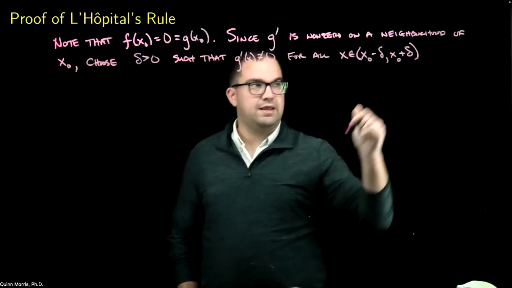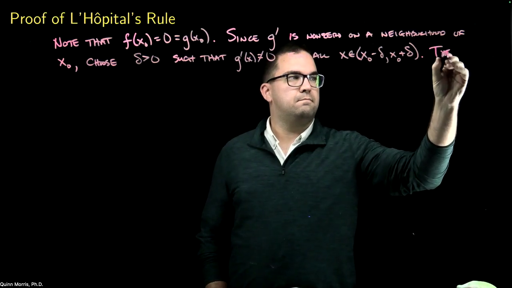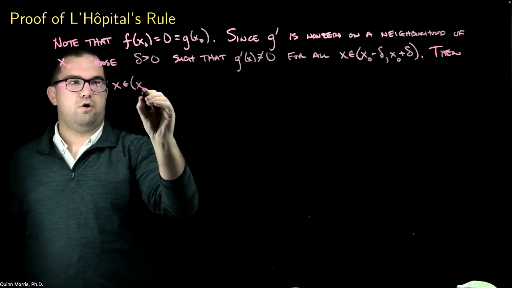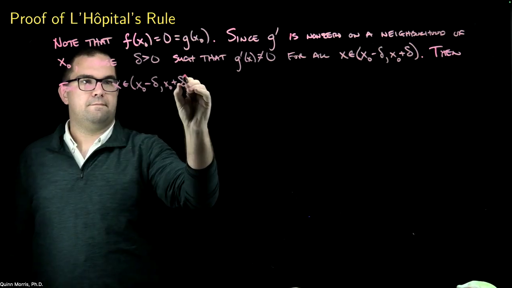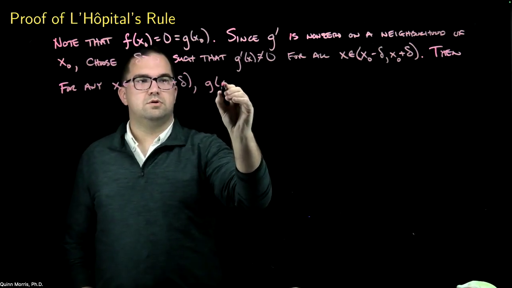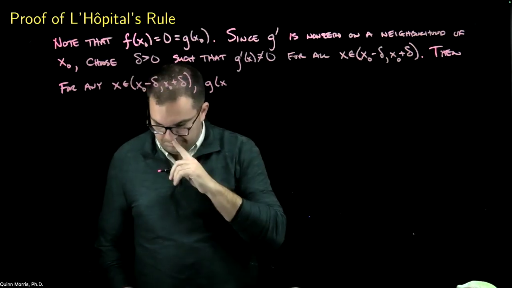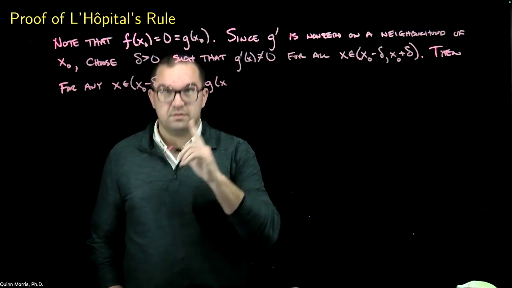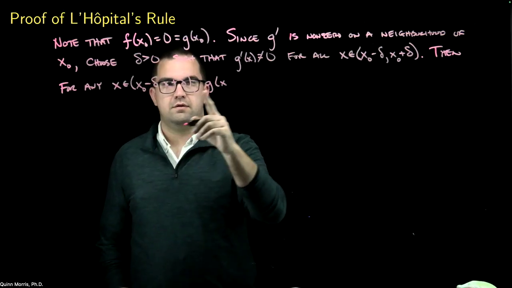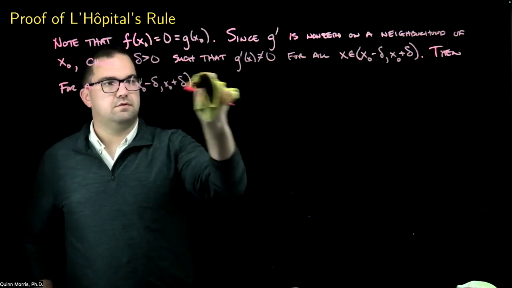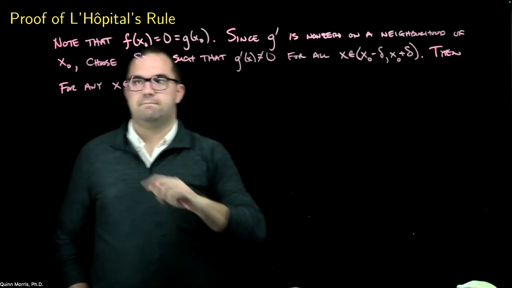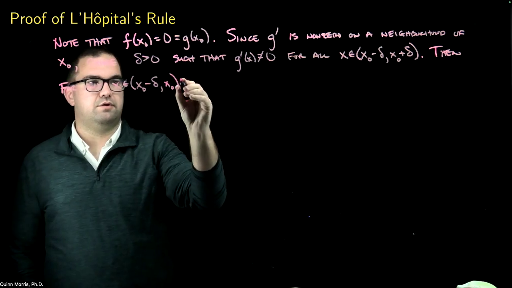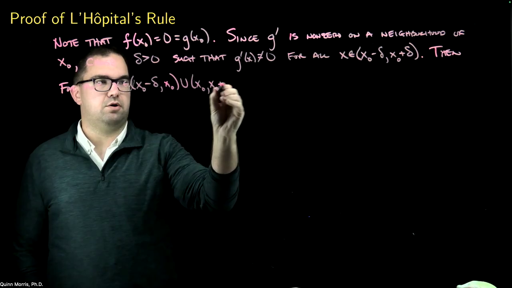Now, then for any x in this delta ball around x naught, other than at x naught, so for any x in this interval from x naught minus delta up to x naught, union x naught up to x naught plus delta.